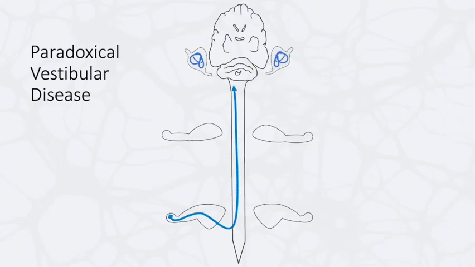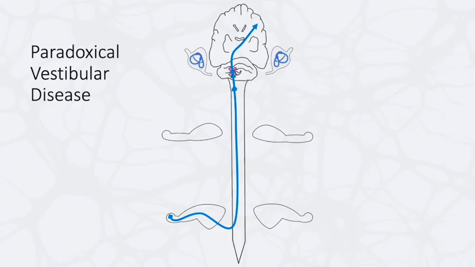Now, the way that we differentiate paradoxical from central is going to be with our proprioception. So remember those proprioceptive fibers, they start within the limb, travel up the leg through the spinal cord, make their way to the medulla where they synapse, have input from the cerebellum before making their way to the contralateral side of the brain.